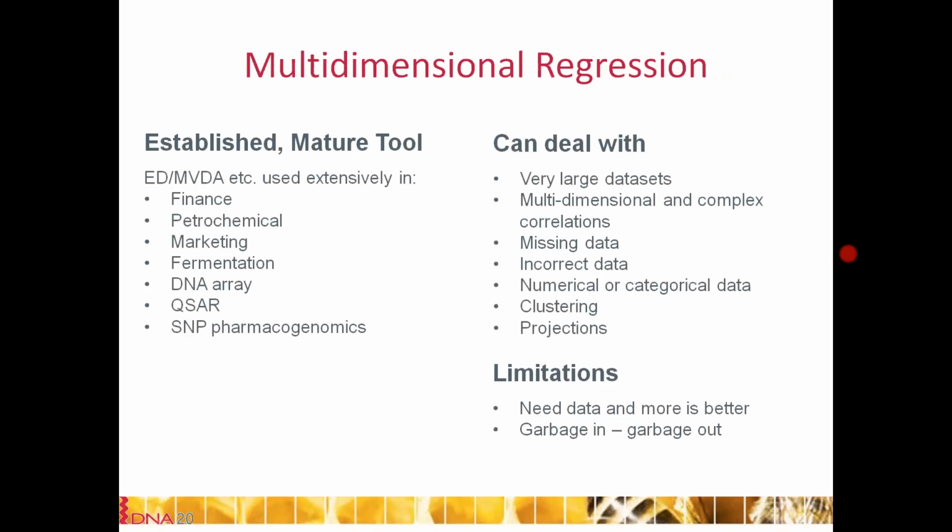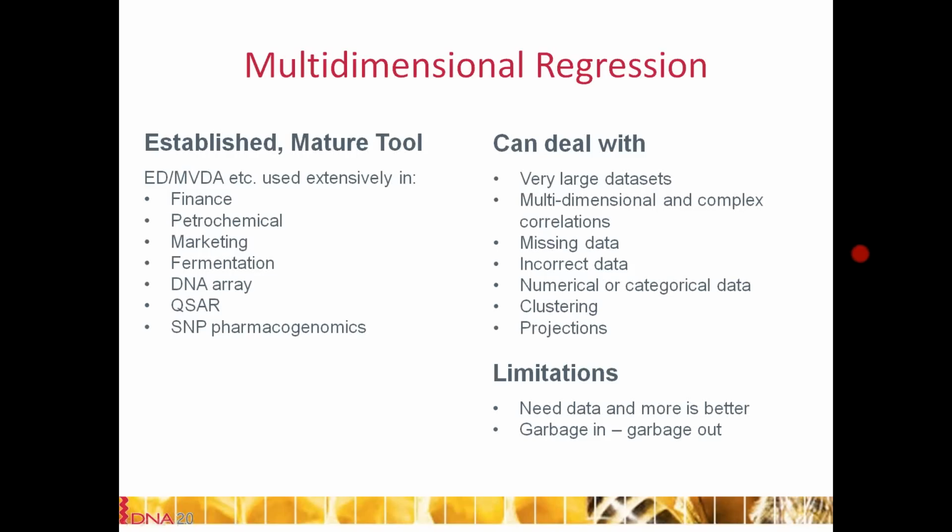So what we do here is really using multidimensional regression, and I'll do another 2 slides or so about multidimensional regression for those who didn't pay attention in high school math. So really it's a well-established, mature tool. It is used a lot in finance and marketing and fermentation and a lot of different data-intensive technologies today.